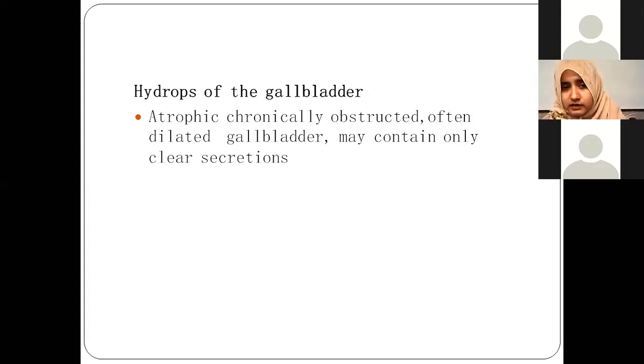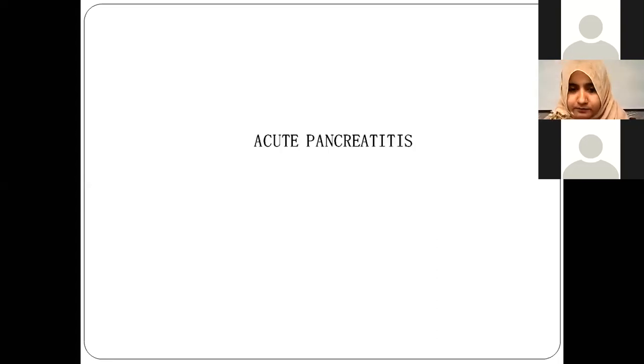They can't see the color, but they won't say it's turbid or something unusual. They say it's clear secretion. Then you will look into the structure and wall, what they have labeled about it. It should be atrophic, it should be shrunken, because hydrops of the gallbladder occurs with an atrophic, chronically obstructed form where it stays distended and the secretions turn out to be clear.